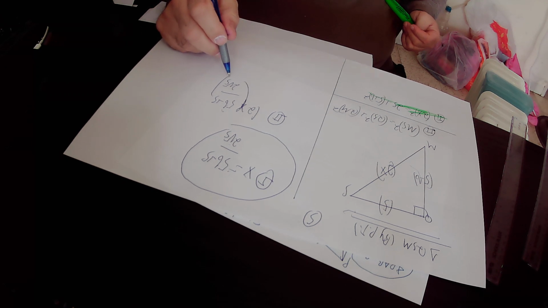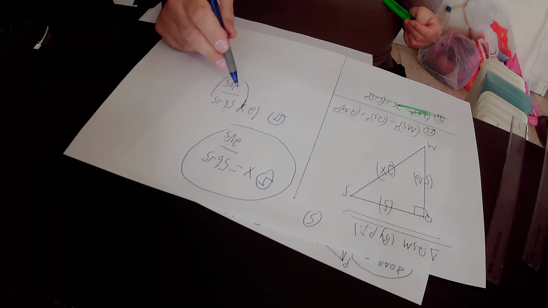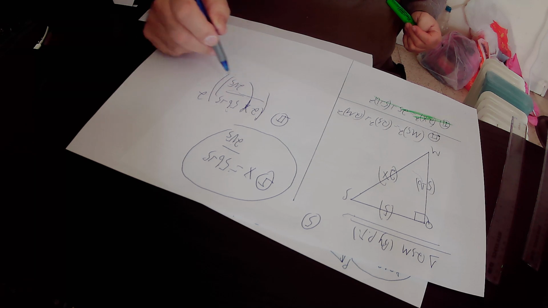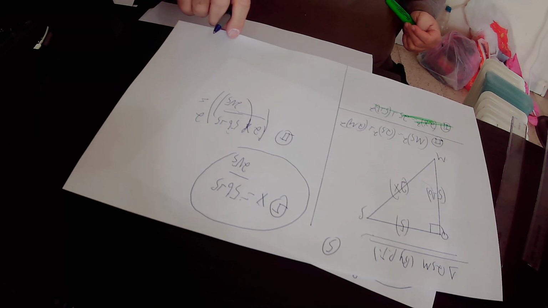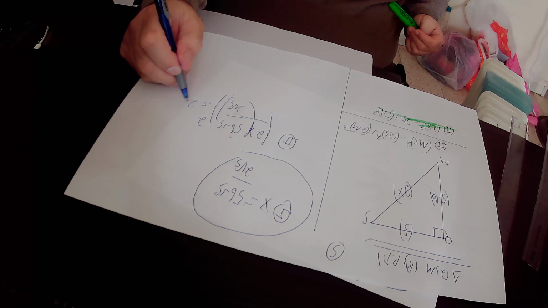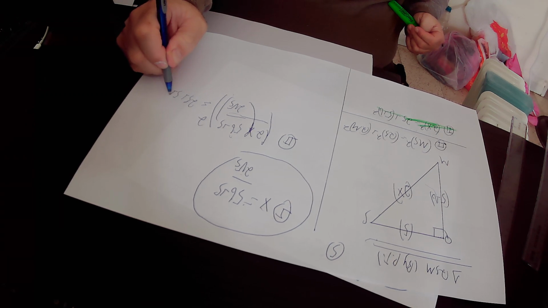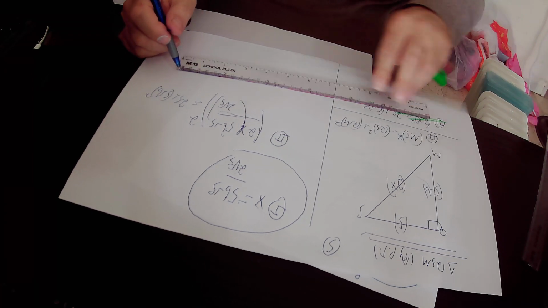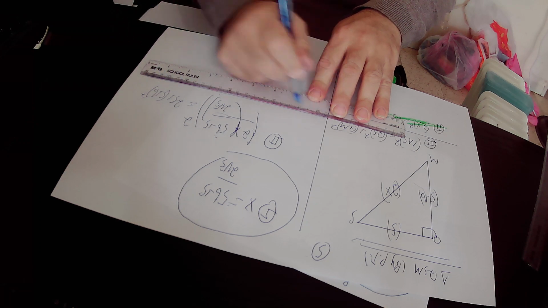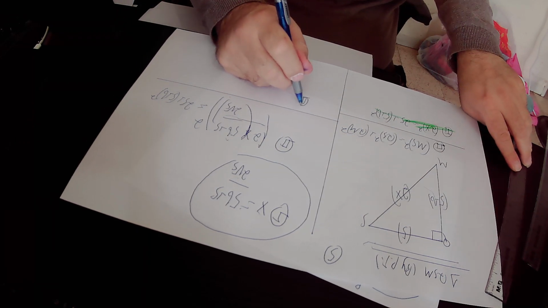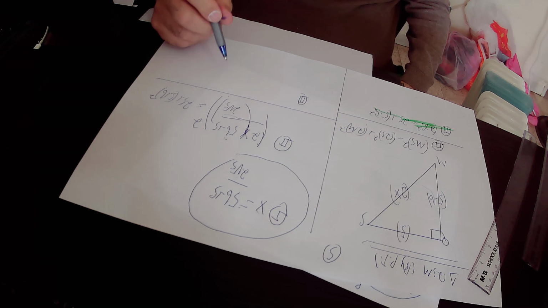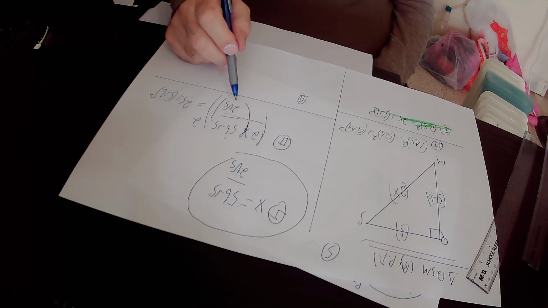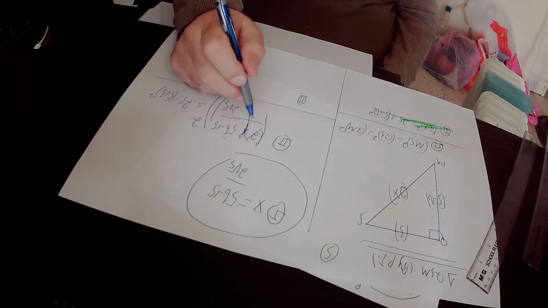Okay, this expression is x, so it is 2x squared. According to equation number 2, (2x) squared equals 25 plus (5 plus b) squared. So, in this side of the equation, we have 2 in the numerator and 2 in the denominator, so 2 will get cancelled.